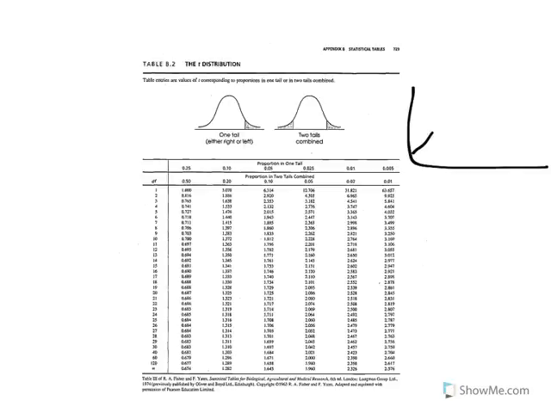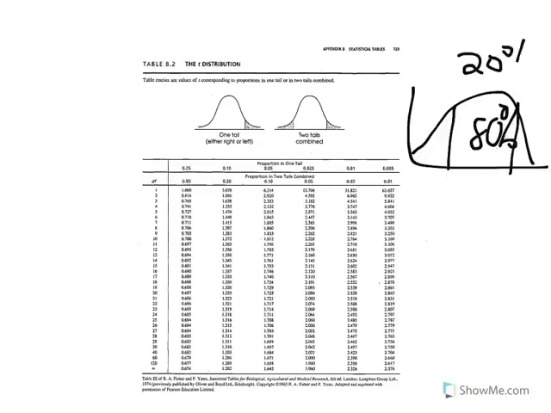Okay, so again, as illustrated, we're talking about 80% in the middle, 20% in the tails. It gave us a proportion of 0.2. And again, we're talking about the two-tailed tier, so we're going to focus here in this tier. We're looking for 0.2, and that would put us here. Degrees of freedom for this problem was equal to 63.